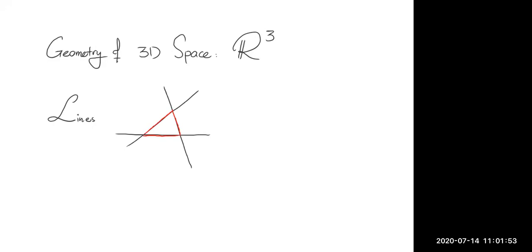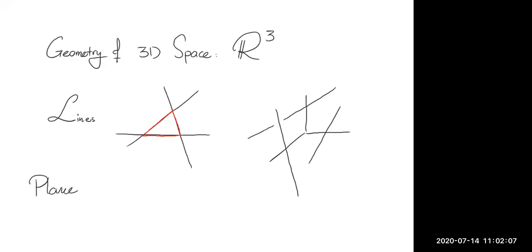In three-dimensional space, that's also the case. The lines are very important things in three-dimensional space. Now, on plane, lines are either parallel, like this, or they are not parallel. They have intersection, like this, right?